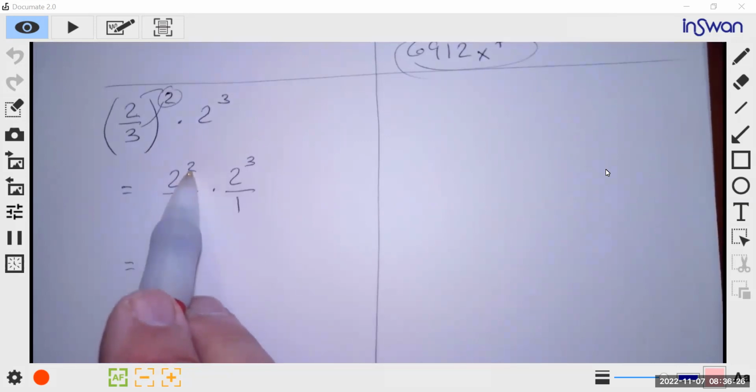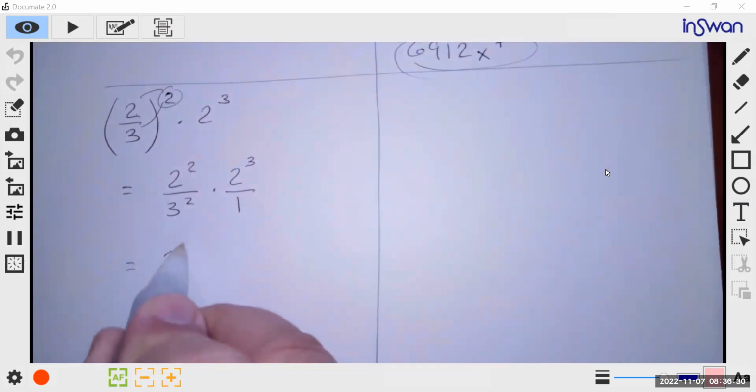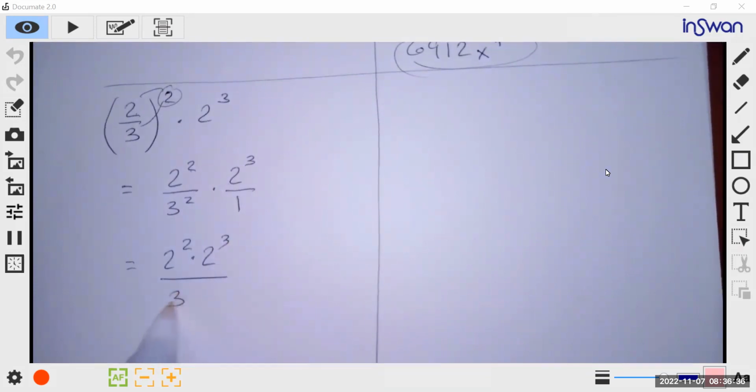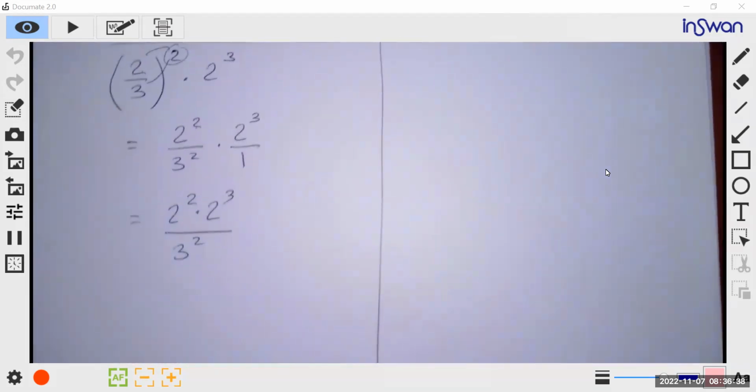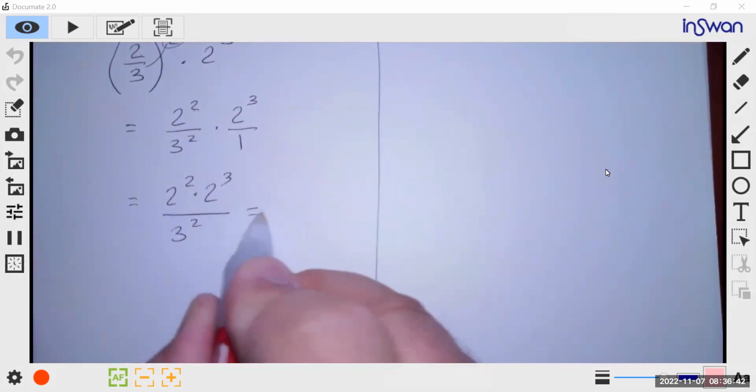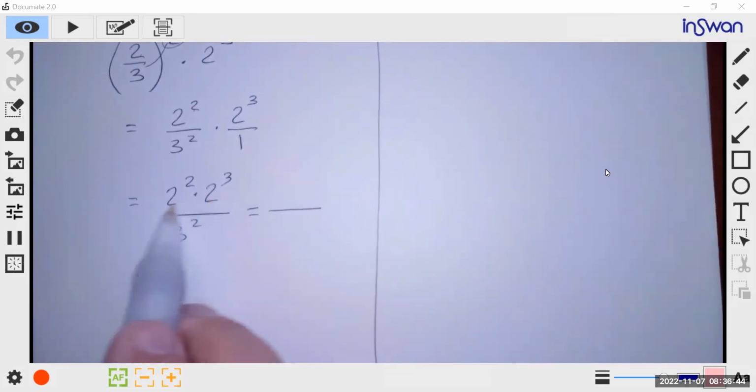So 2 squared times 2 cubed over 3 squared times 1. So what do you do in the top one? How do you combine those two?